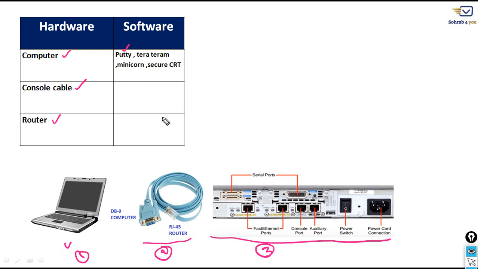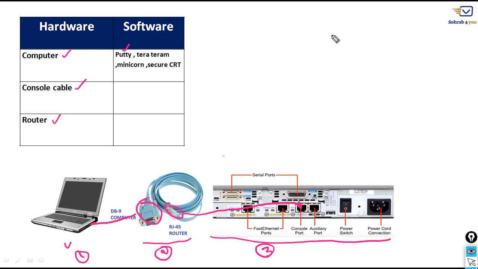So guys, now we have all this. What do you have to do? You take this part of the cable and connect it to your computer, and this part you connect to the console port. This part, the DB9 connector, connects to your computer, and this part, the RJ45, connects to the console port.